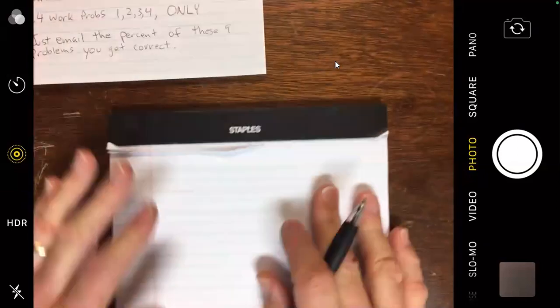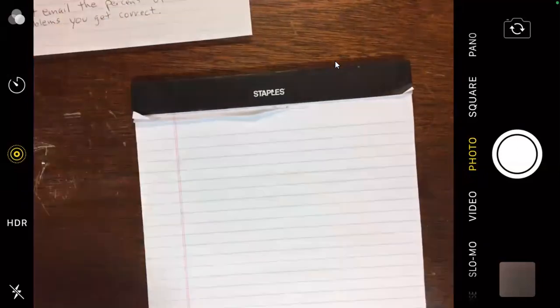Okay, why don't we charge in on some of these practice problems? Start working some of them. Should be a review from college algebra if you took college algebra. 4.3, problems 25 through 47.